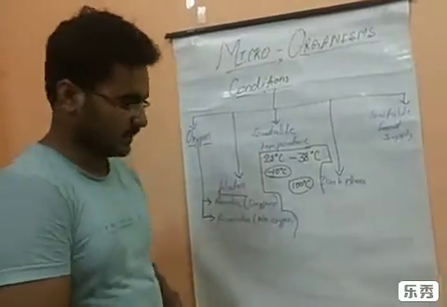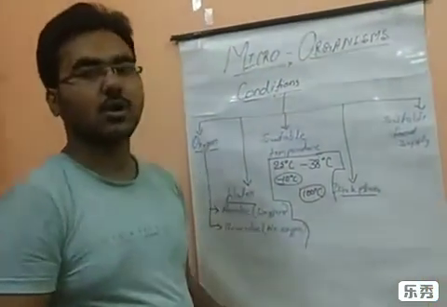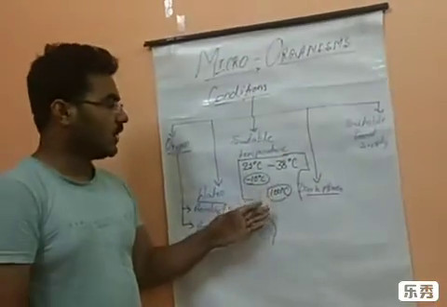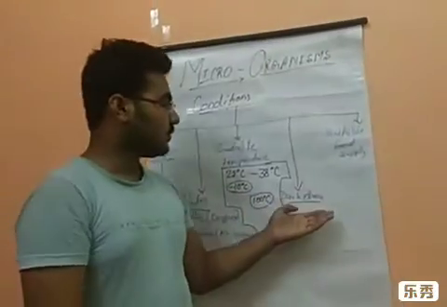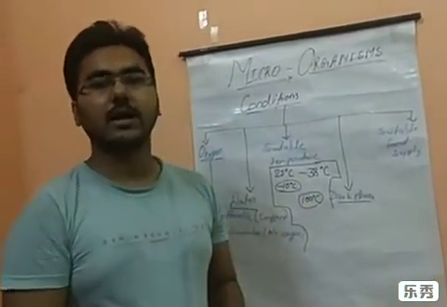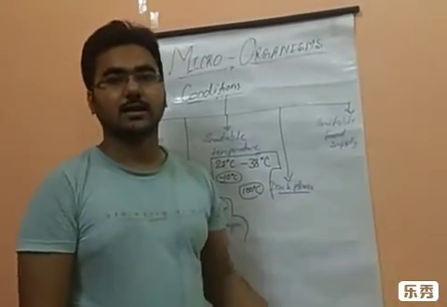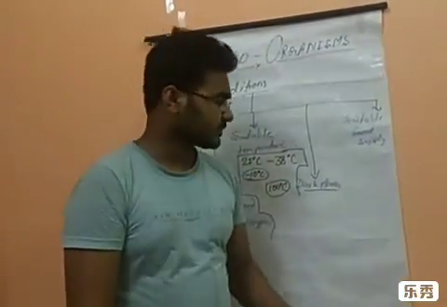Now dark places. Basically it is found that microorganisms cannot tolerate the extreme heat of the sun. As you have seen here, only a few of them go up to 100 degrees Celsius. So microorganisms live in dark places and cannot survive in direct sunlight, because direct sunlight can kill them.